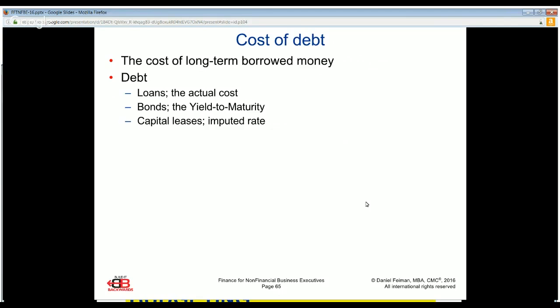Smaller private companies rarely have the ability or the financial need to sell bonds. Because, by the way, to sell a bond, all of the accounting and legal expenses to prepare and sell the bonds cost hundreds of thousands, if not $1 million or $2 million. So rarely will a small private company be able to justify, from a financial standpoint, creating and selling bonds.